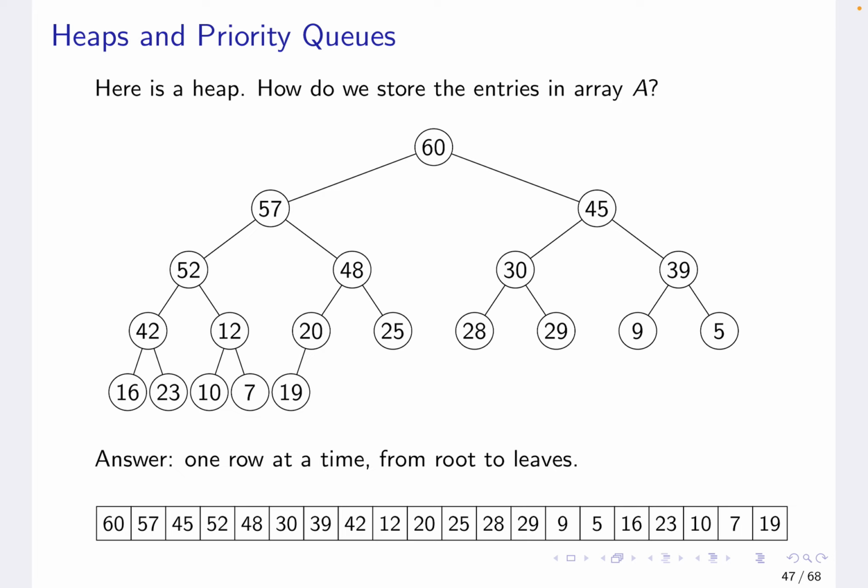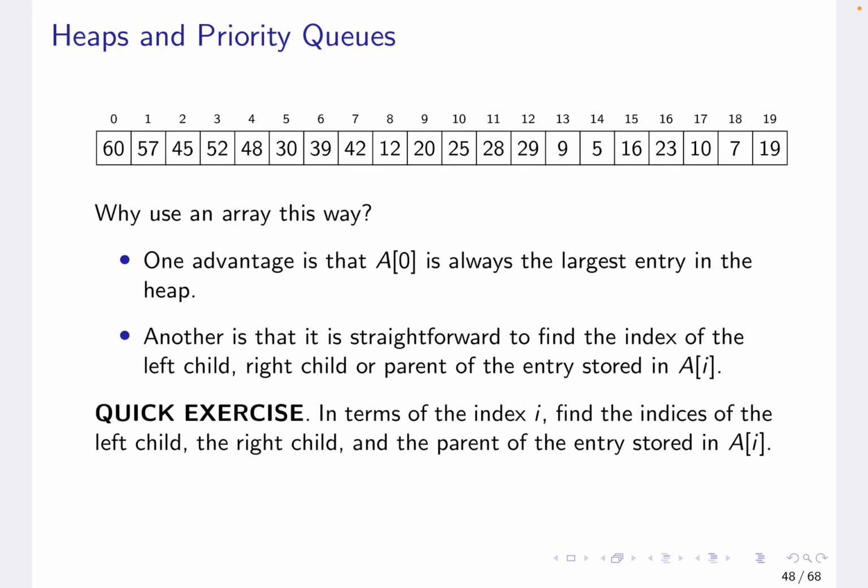Anyway, we use arrays rather than the usual linked structure. And I kind of sort of justified why, but we're going to talk about that in more detail today. So one nice aspect of the array structure for this is that the first index of the array, position 0, is always the largest entry in the heap.